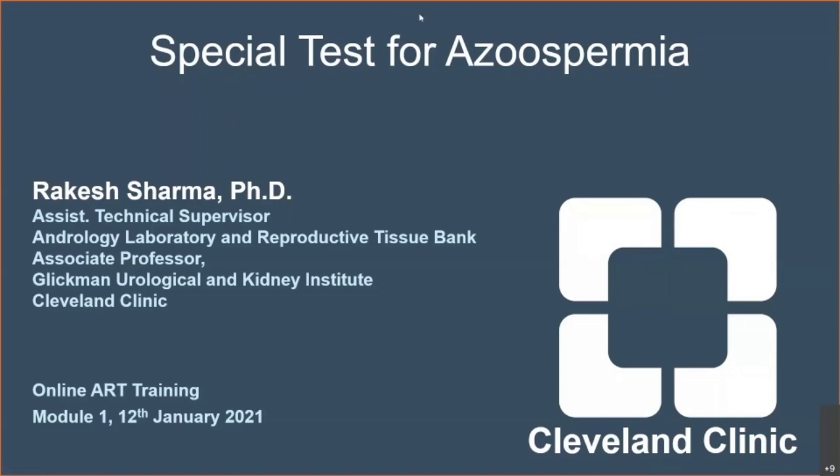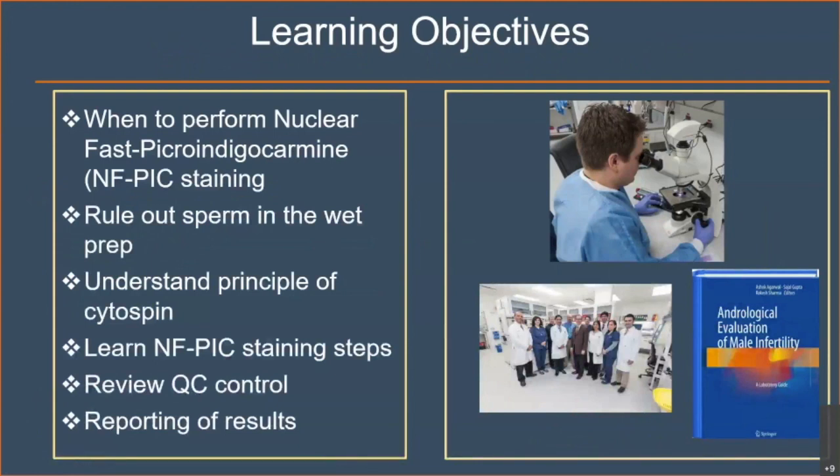Thank you, Dr. Agarwal. Today I will talk on the special test for azoospermia. Next slide, please. The learning objectives are when to perform this test, which is also called the nuclear fast picro indigo carmine test, or in short, NFP staining test.